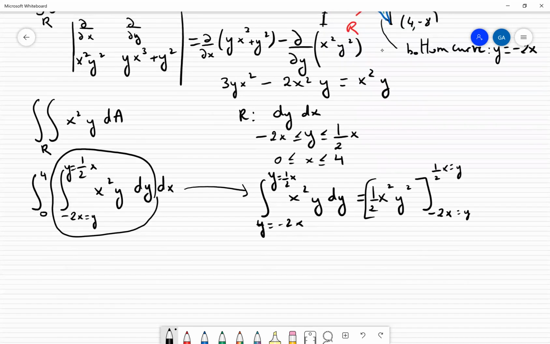So here, if I substitute 1/2 x for y, I get 1/2 x squared times 1/2 x squared, minus what's going on at negative 2x.